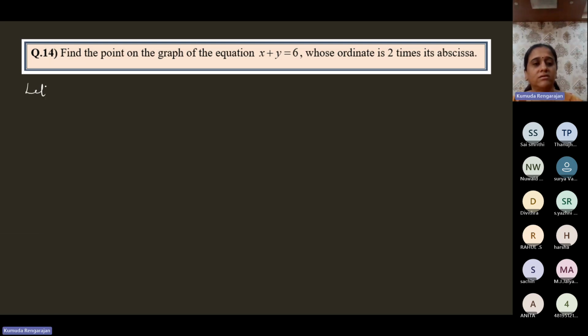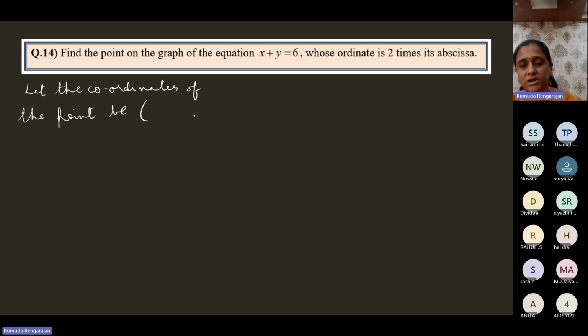So let the coordinates of the point be, what is the condition? The ordinate, that is the y coordinate, is 2 times its abscissa, is 2 times the x coordinate.